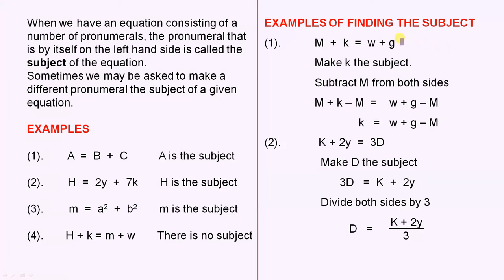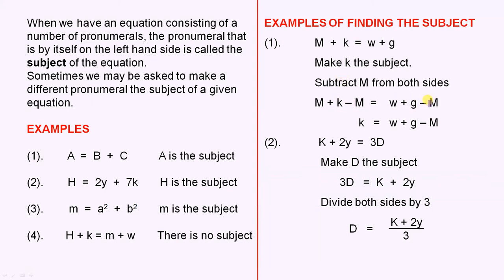The first one, m plus k equals w plus g. If we have to make k the subject, that means k must be by itself on the left-hand side. That means we must remove the m from the left-hand side. Because there's a plus sign in front of the m, we subtract m from both sides.